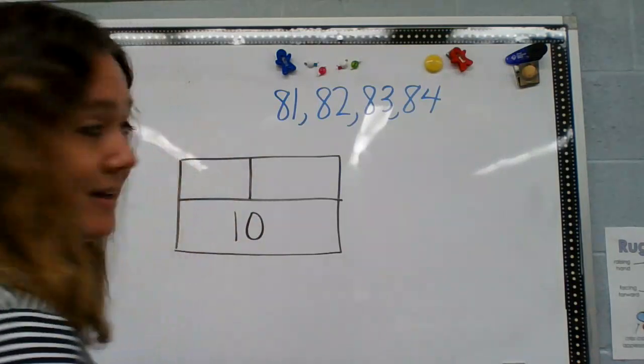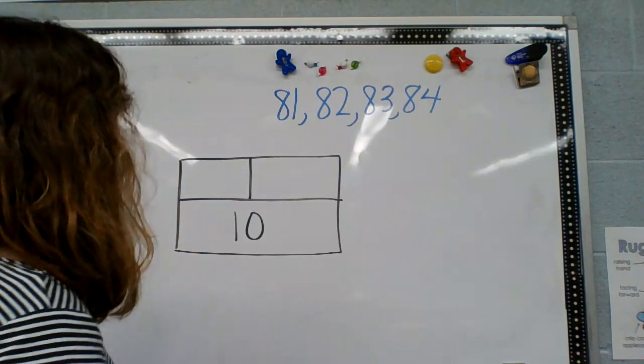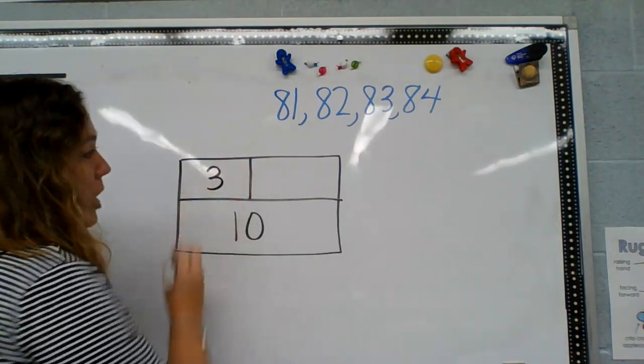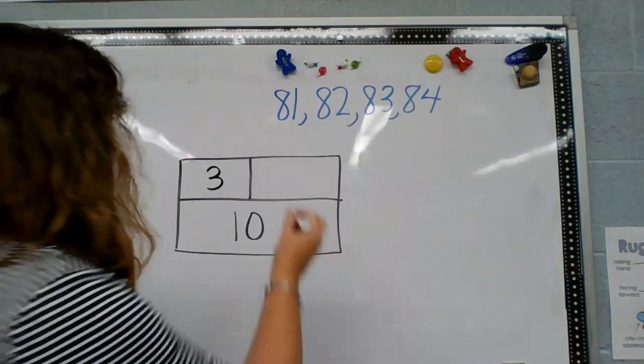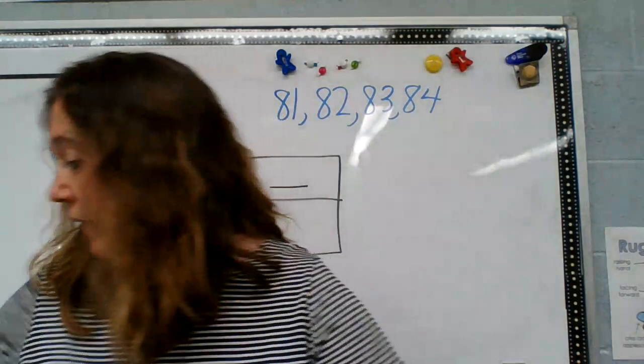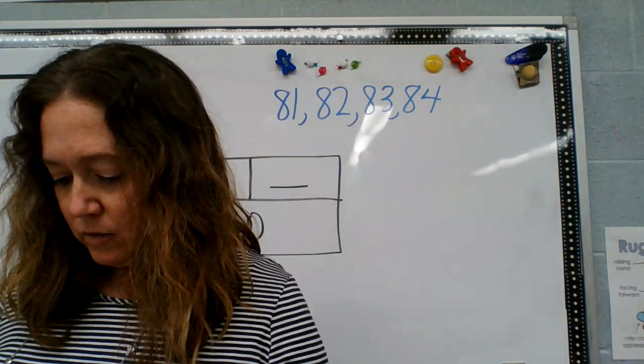We're going to pretend this is on your paper. We're going to pretend that we only know part of it is 3, and we don't know the rest. It's blank.